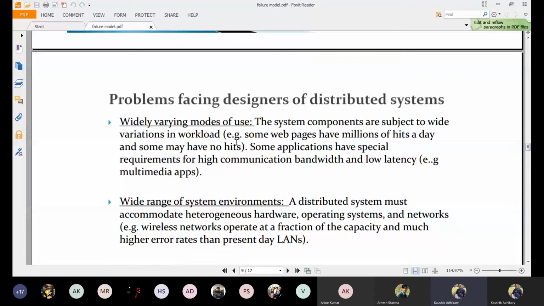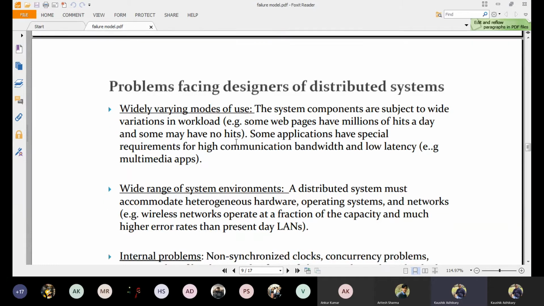Latency means the delay, so it should have very low delay. If I am seeing an online video, there should not be any delay. An example is multimedia apps.